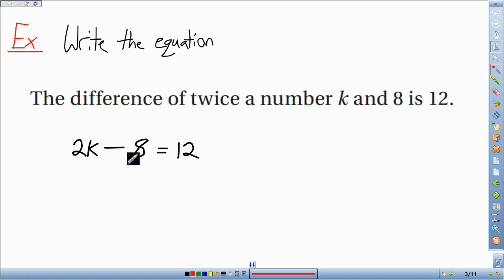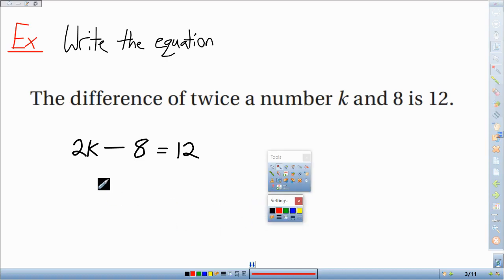We have a 2 that's being multiplied and an 8 that's being subtracted. Which one do we deal with first? If you remember, we always deal with addition or subtraction first when solving. You can almost think of it as the reverse of the order of operations.